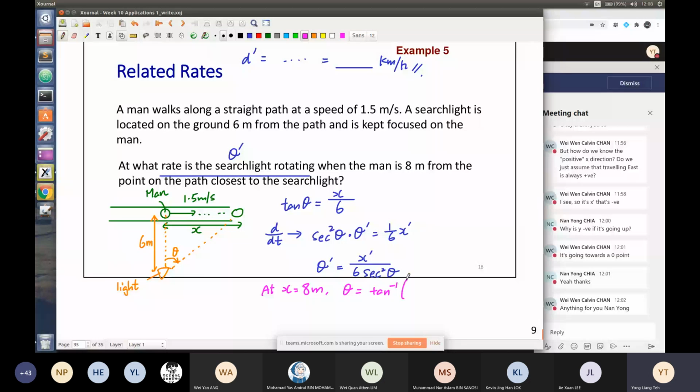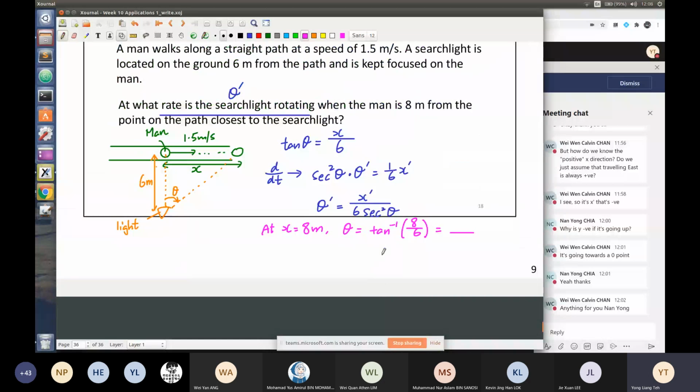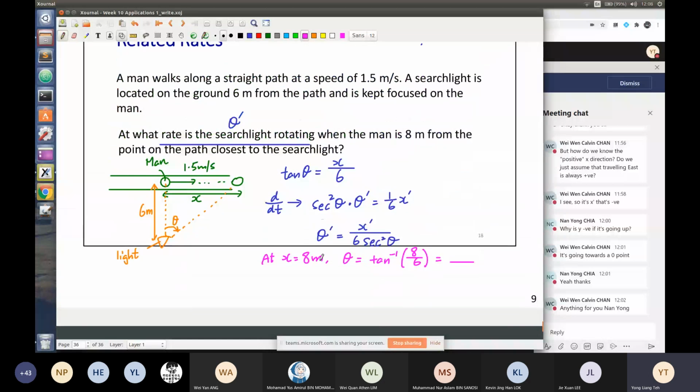But x is 8, so tangent inverse 8 over 6. Of course you can calculate your theta, and definitely you can substitute in here. And x prime is known, so we can calculate this easily. I'm just going to quickly write this here, and you can go and calculate yourself.